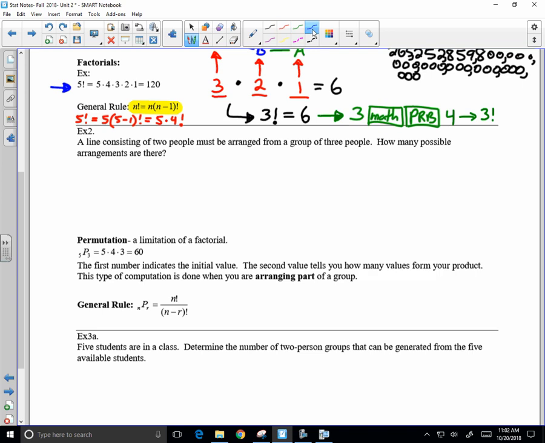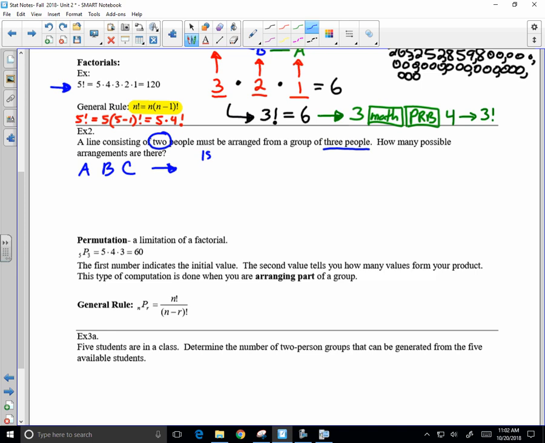A line consisting of 2 people must be arranged from a group of 3 people. So that's telling me that instead of lining up 3 people, I have 3 people available. I'm only going to line up 2 of them. I'm going to tell the third person to take a walk. All right? So we have A, B, C. All right.